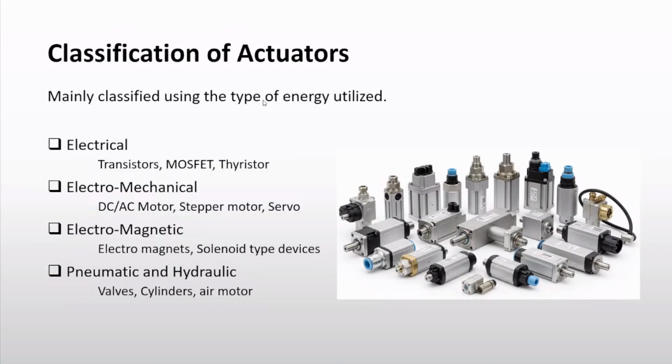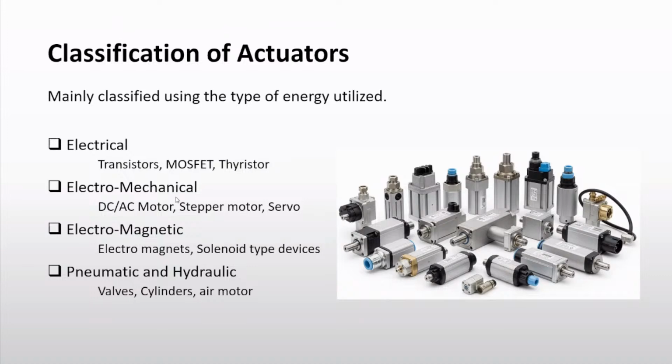Normally we can classify the actuators using the type of energy utilized. The first one is electrical actuators. In those cases we have transistors, MOSFETs, that means metal oxide semiconductor field effect transistors, and thyristors as electrical actuators.